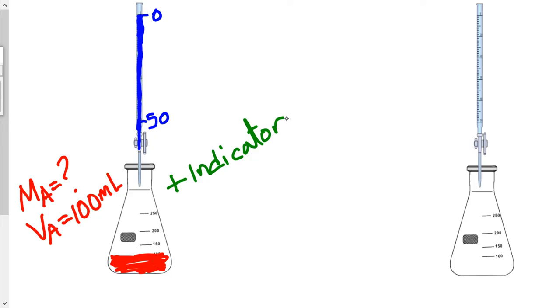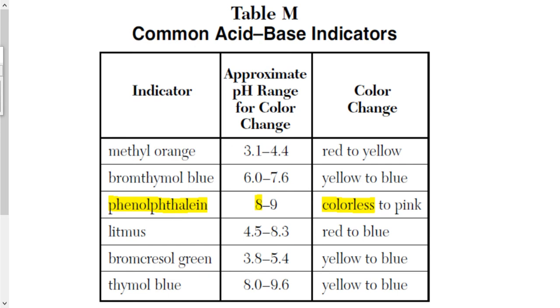And if you don't remember the indicators and the range of the indicators, please look at reference table M. So in this case, phenolphthalein is going to be colorless in an acidic solution. Usually an acidic solution has a pH of less than 7. And then this indicator will turn pink in a basic solution.